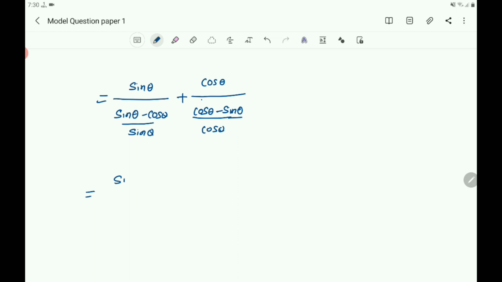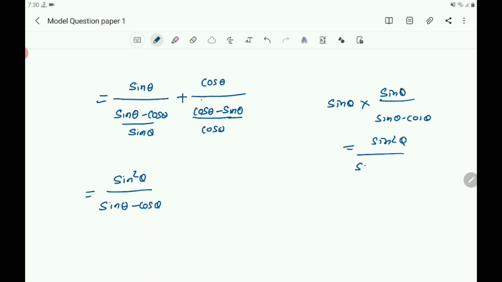So it becomes sin square theta by sin theta minus cos theta, because you know that sin theta into the reciprocal of this is sin theta by sin theta minus cos theta, that becomes sin square theta by sin theta minus cos theta.